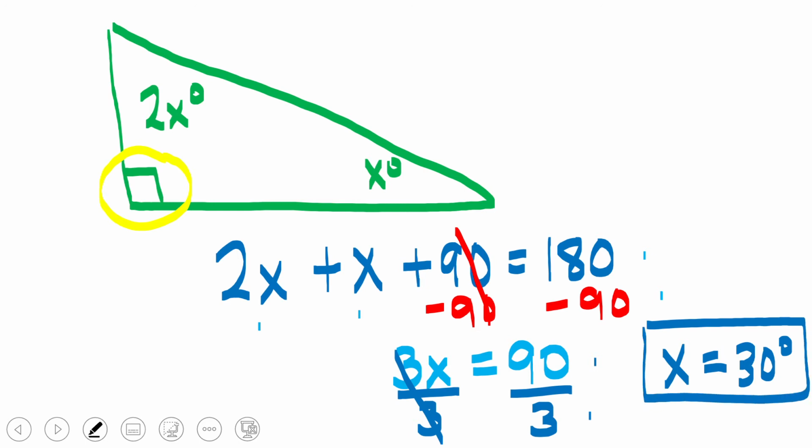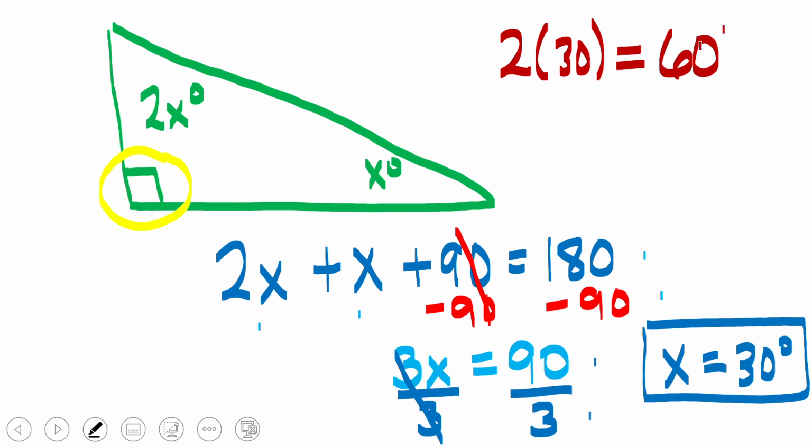Now we're not done because we've only found the measure of the angle of x degrees. There is still an angle missing, and that is 2x. So working above, substituting 30 for x, for the missing angle we would have 60 degrees.